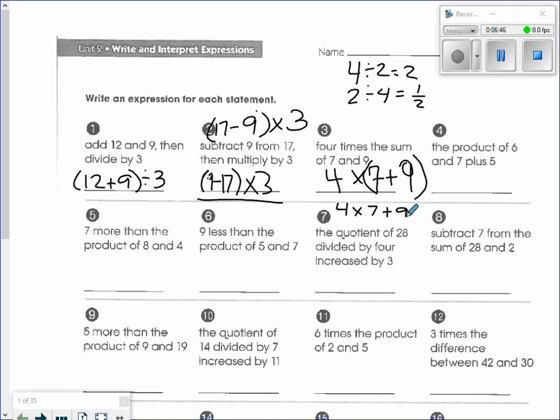You wouldn't be doing 4 times the sum of these. You would be doing 4 times 7 plus 9. It wouldn't be the same as that expression. You would be doing this first because of your order of operations instead of 4 times the sum. Because remember how you multiply first, unless you have the parentheses, which is what you're supposed to do first.